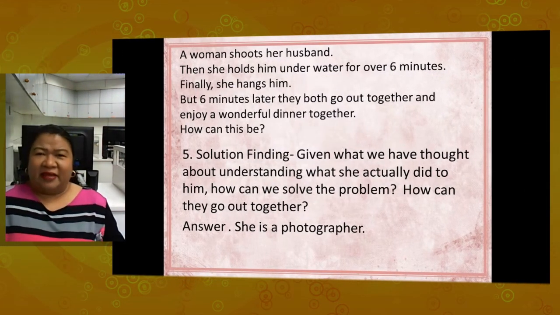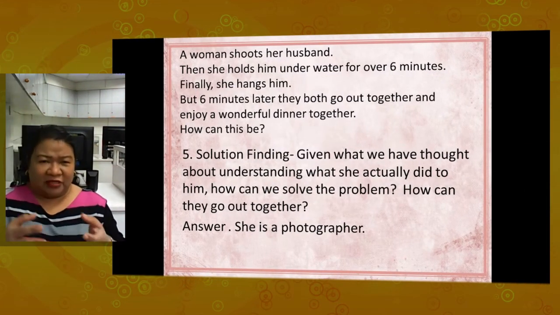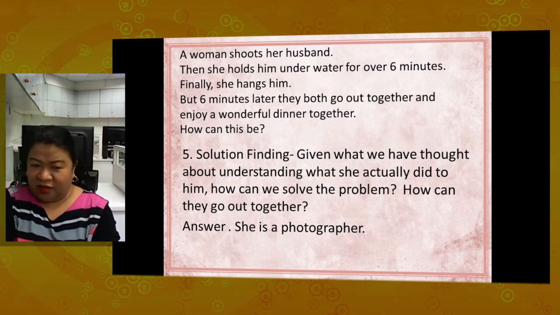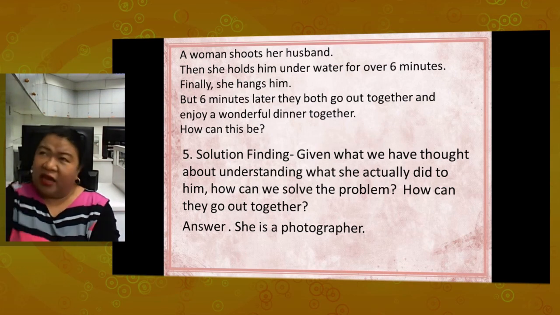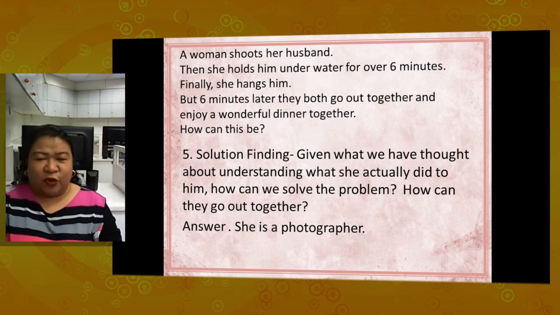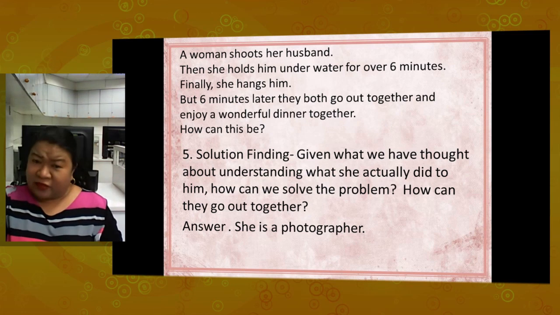But the real process of photography is you use film, and then you have a developing laboratory, and you submerge the picture in water to develop the picture, and then you hang it and let it dry. So she was actually a photographer, and she shot a picture of her husband, not actually shoot him.